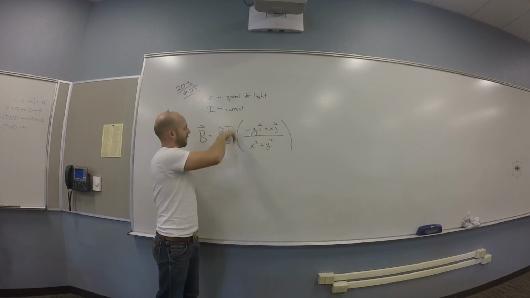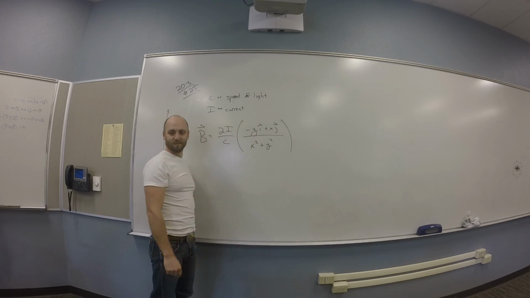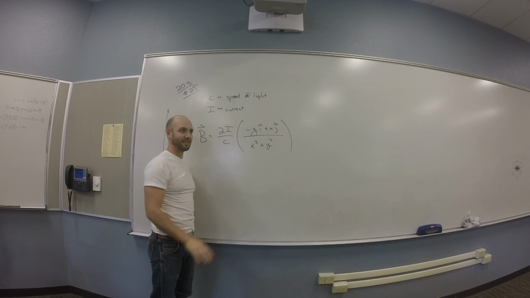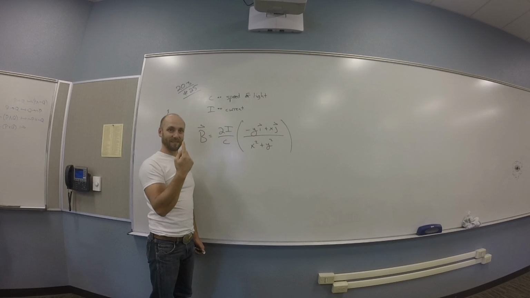What's this thing? Is current a constant? If I is a constant, then we just know the entire thing's a constant. Yeah, so this is proportionality, right? Whatever. That looks like the magnetic spin in a solenoid.